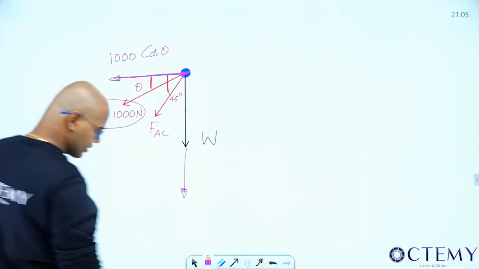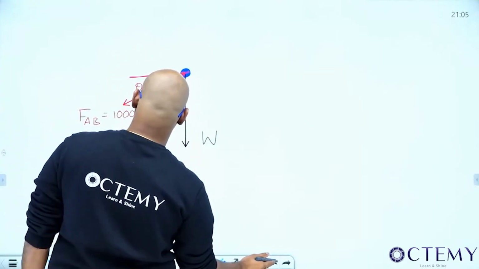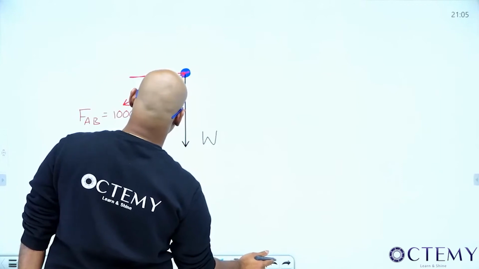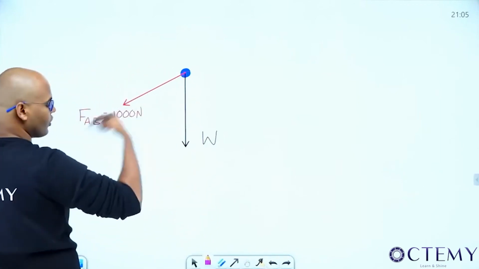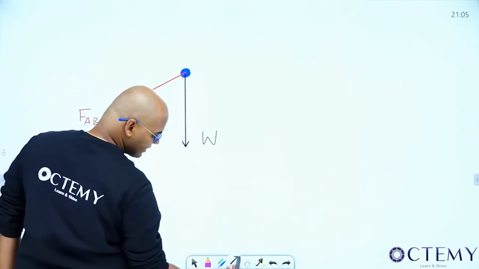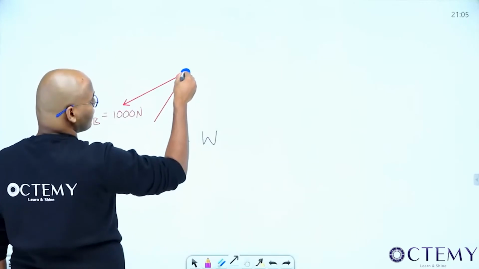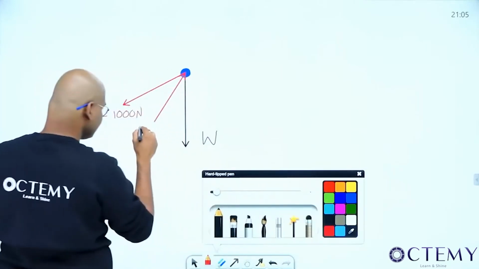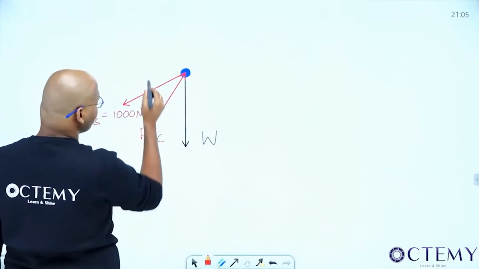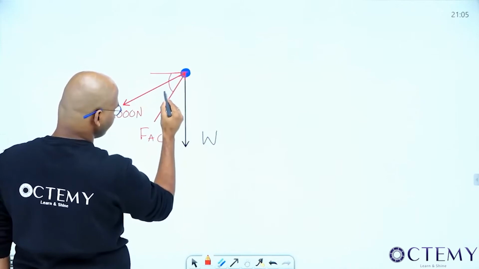Sorry, I did a mistake. What's the mistake? I know FAB, so I have taken away from the joint. But FAC, always I will take it towards the joint. No change. This is FAC, making an angle of 45 degrees.